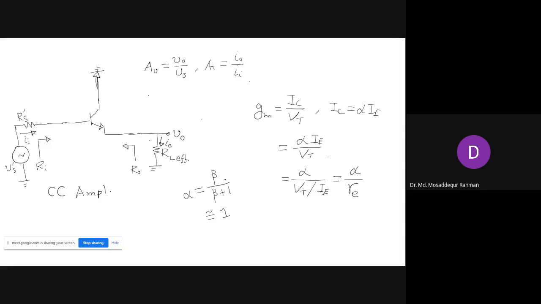So alpha is in most cases approximately equal to 1, and we can write this as 1 by RE. So Gm, the transconductance, we can also write as 1 over RE.